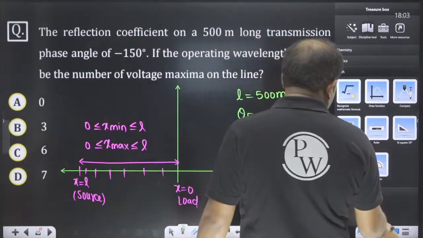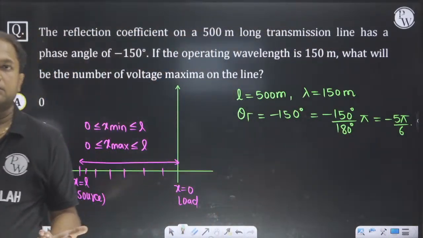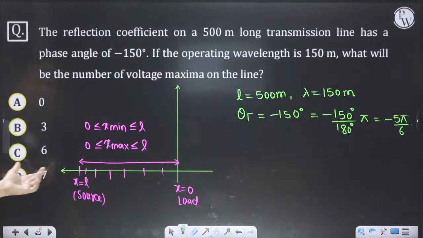So they will say the number of voltage maxima is 6.67, so it is 7, and the answer will be 7. Like that they will give the answer. But that answer is not correct.